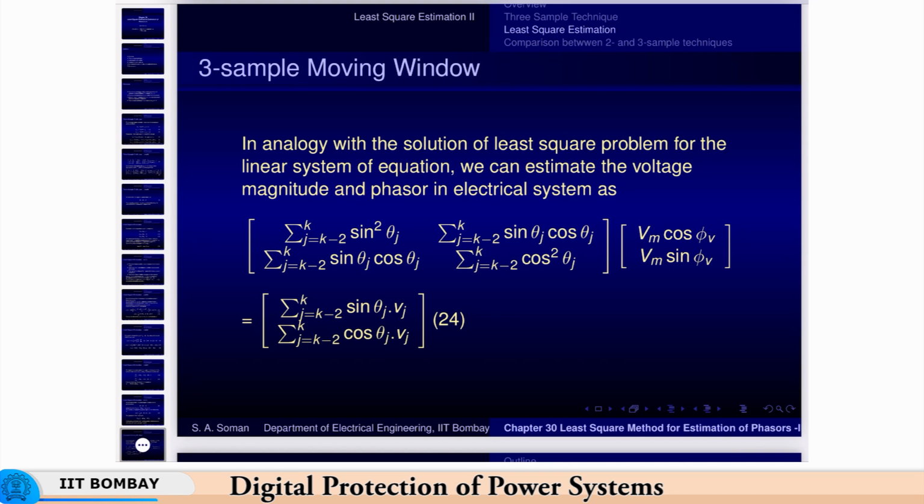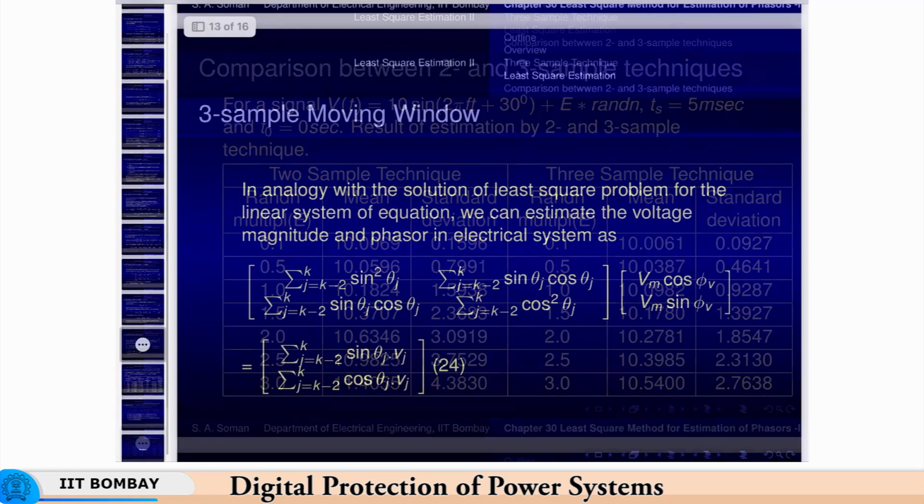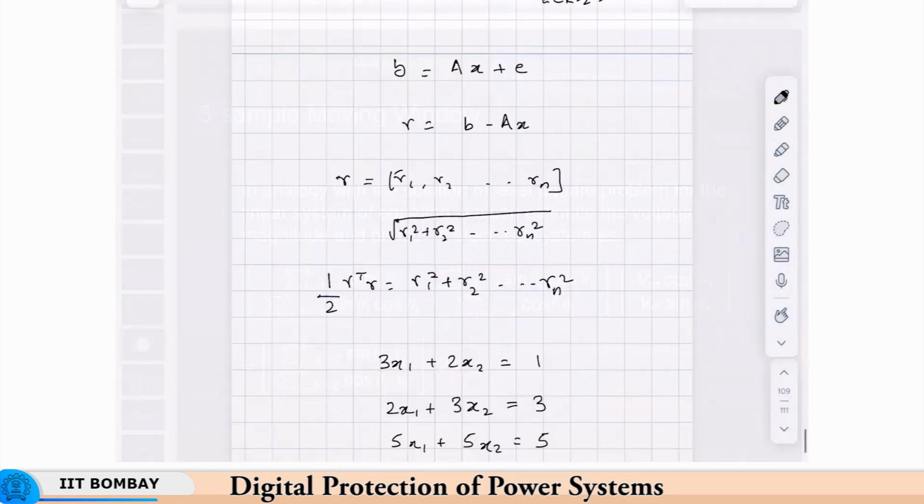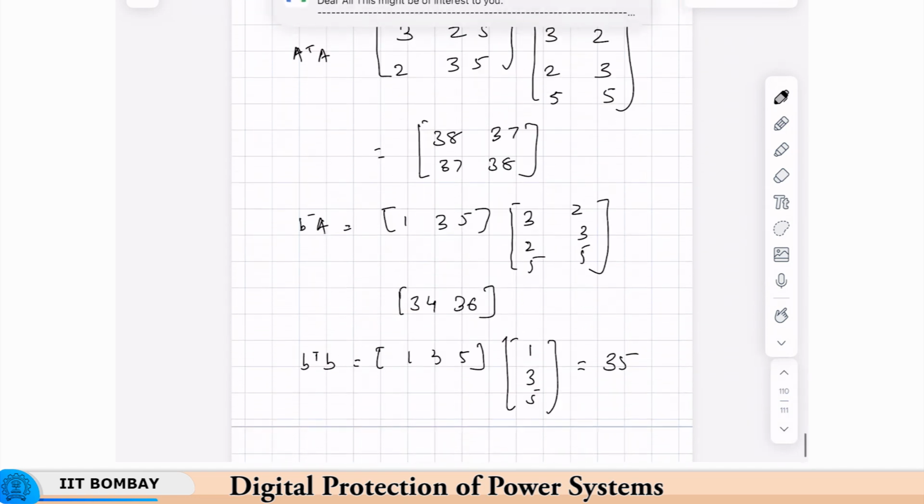Okay. So, now instead of doing the inversion, we could use a small manipulation, I would not say a trick.